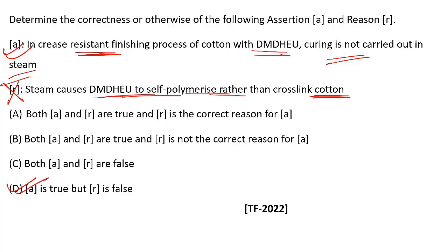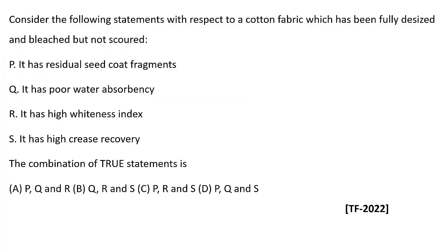Now coming to the next question. This is also a 2-mark question from the textile processing part. It says: consider the following statements with respect to a cotton fabric which has been fully desized and bleached but not scoured. That means scouring is not done, whereas desizing is done to remove size and bleaching is done for better whiteness.